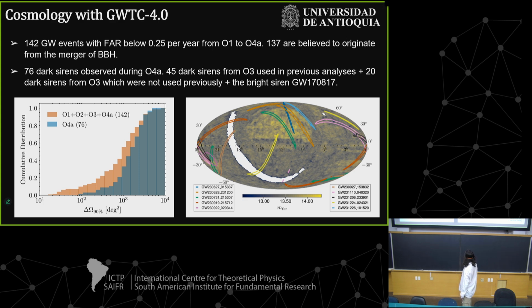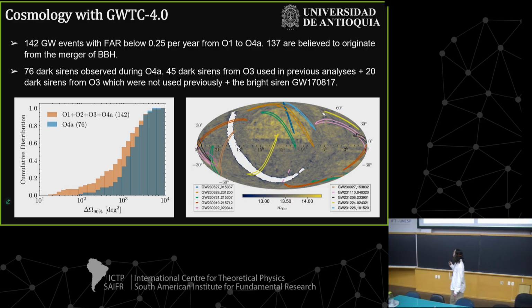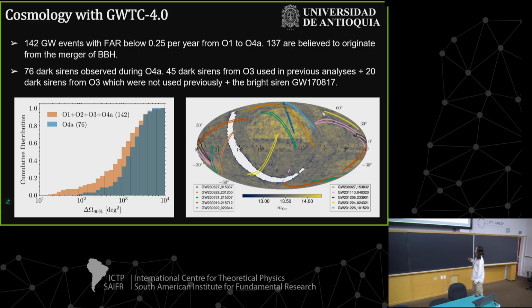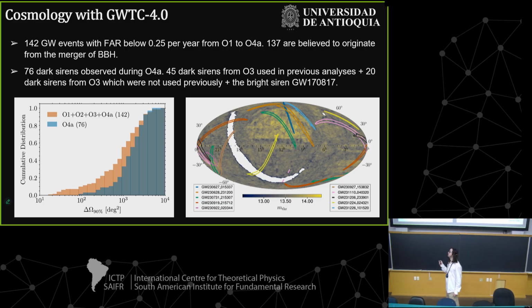Okay, and the O4A here, this plot shows that the O4A events in general are not so well localized as some of the O3 events here. And this other plot here is showing the overlap between the 10 better localized events in O4A, which are listed here, and the sky maps of those events.